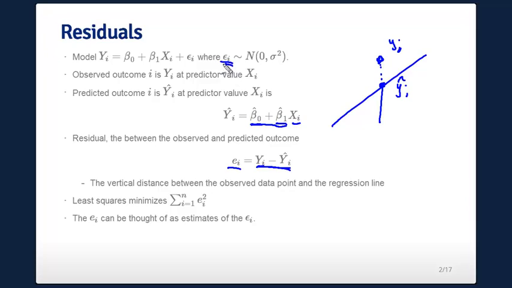Epsilon i is the true error that we don't get to know, because we don't even know that the model's correct. ei is nothing other than that distance itself. So you can think of least squares as minimizing the sum of the squared residuals. These guys are called residuals. The least squares minimizes the sum of the squared residuals, where the minimization has some constraints on the linear form. You can think of the eis as estimates of the errors at that particular data point.